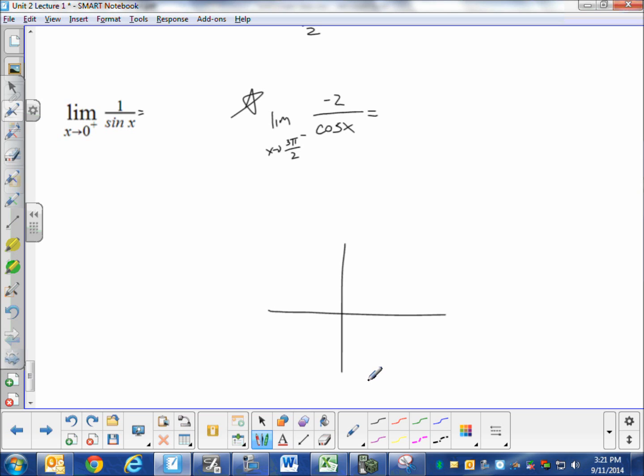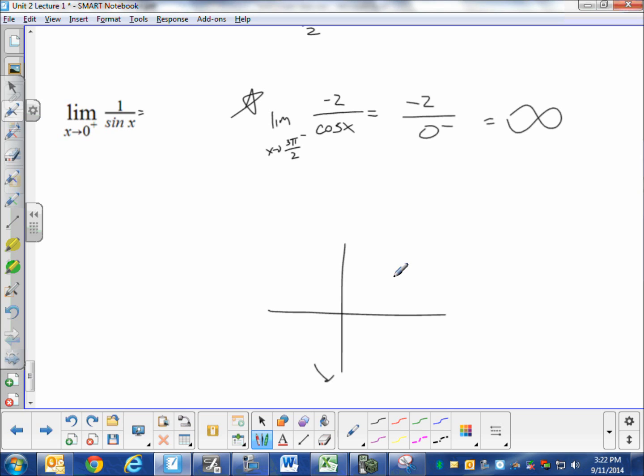What'd you get? Positive infinity is correct. 3 pi over 2 from the left is right here. Cosine is negative there. Cosine of 3 pi over 2 is 0, but it would be 0 from the left. Negative divided by a negative, positive. Okay?